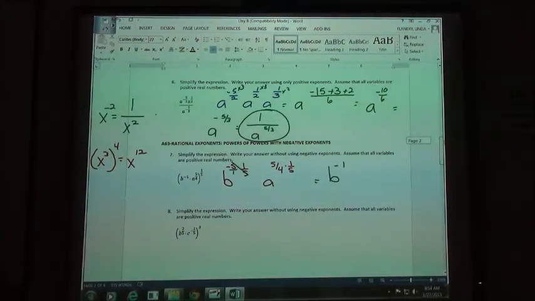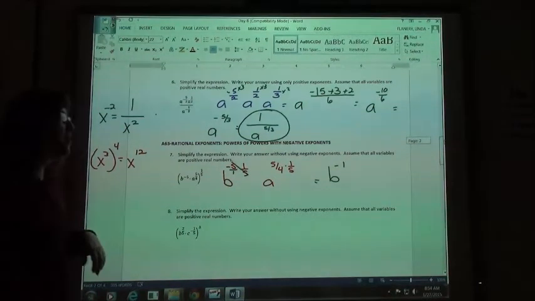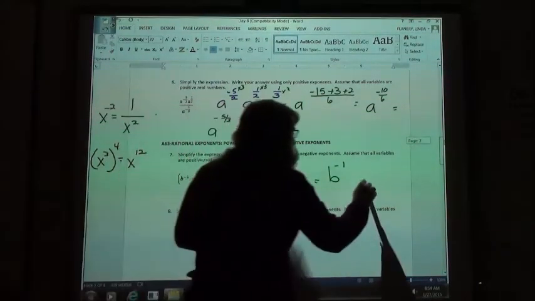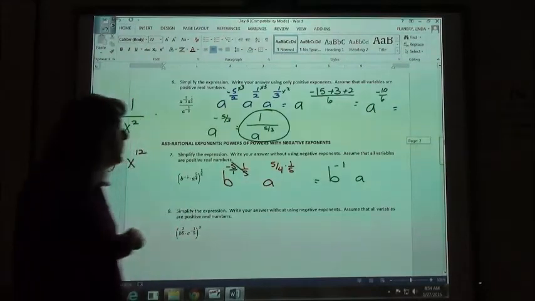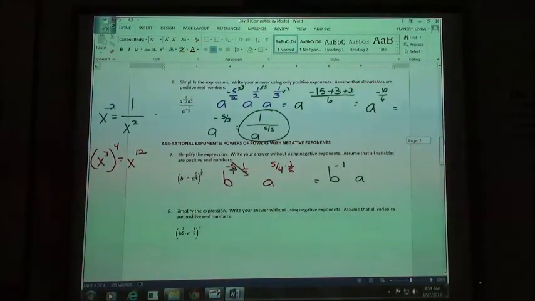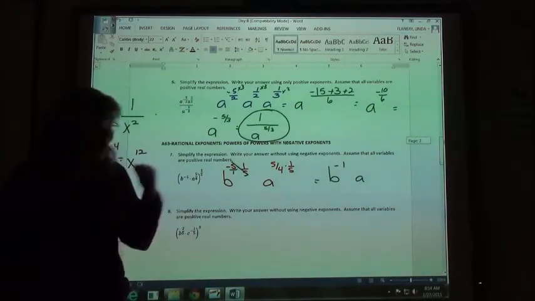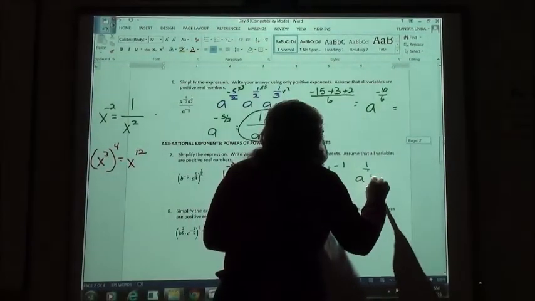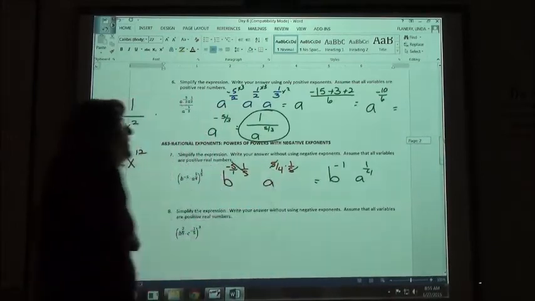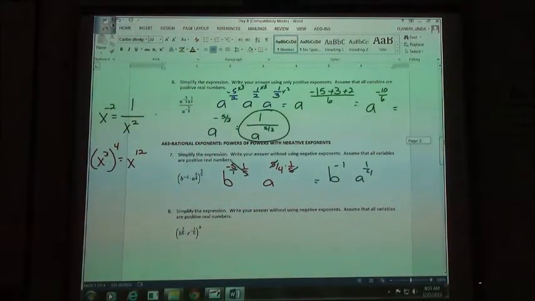If I have a to the 5/4 and I multiply by 1/5, I'm going to get a to the 1/4, exactly, because the 5's are going to cancel out again. Not that that always happens, but it did on this one.